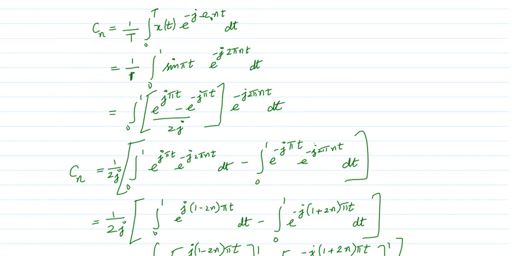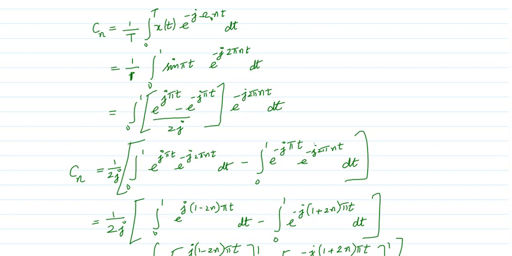This is the expression of Cn. What is x of t? x of t is sin pi t. Sin pi t I can write as e power j pi t minus e power minus j pi t divided by 2j. I am taking 1 by 2j outside, then bringing e power minus j 2 pi n t inside, and splitting this into two integrals from 0 to 1, the product of the first two terms and then the product of the other two terms.